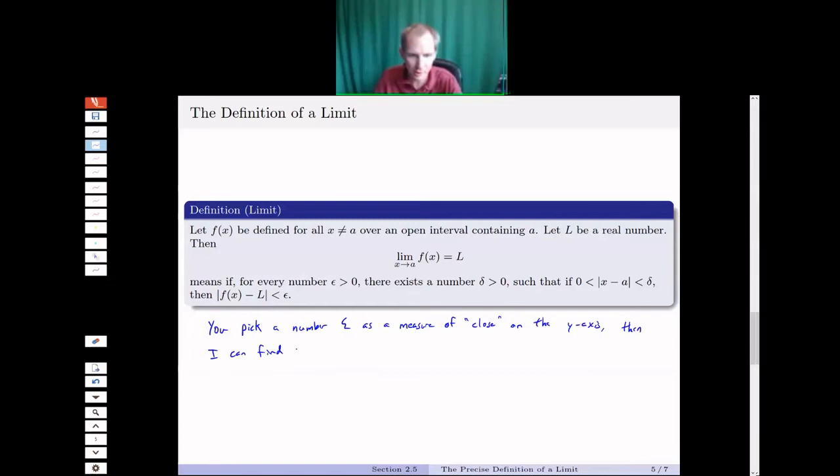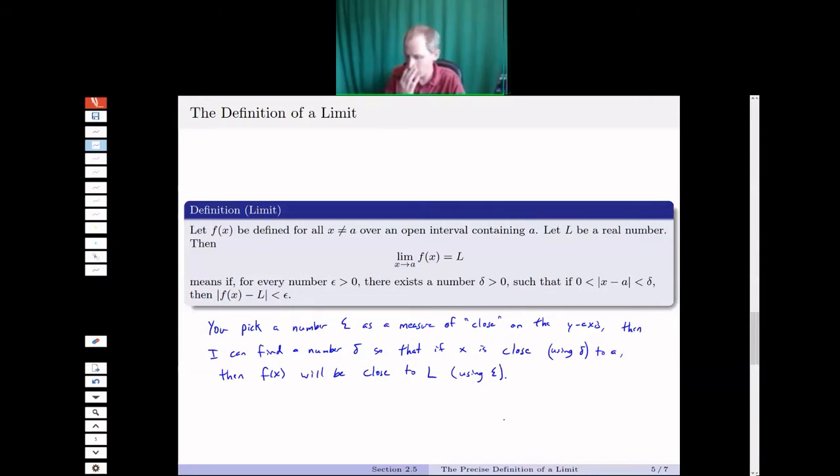So a number delta, so that if x is close, using delta, to a, then f of x will be close to L using your definition of epsilon.